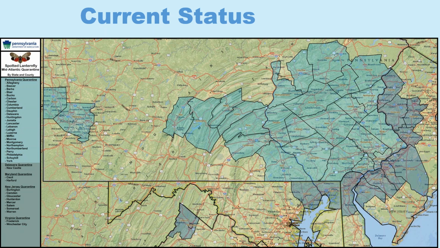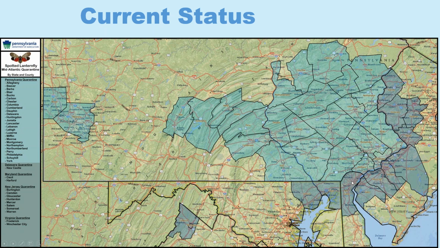However, the current status of the insect is, you can see, first of all, this is the original 13-county area. Earlier this year, they expanded it to include another 12 or so counties. Some of these counties just have certain areas or townships that are infested, but certainly it's a much bigger area than we've been dealing with before.